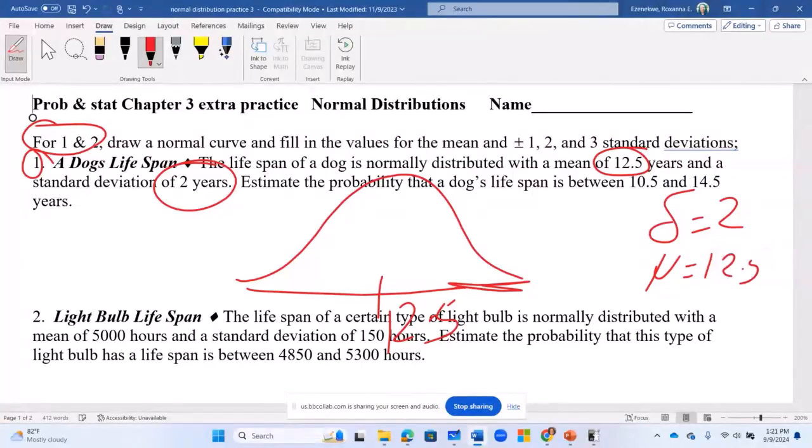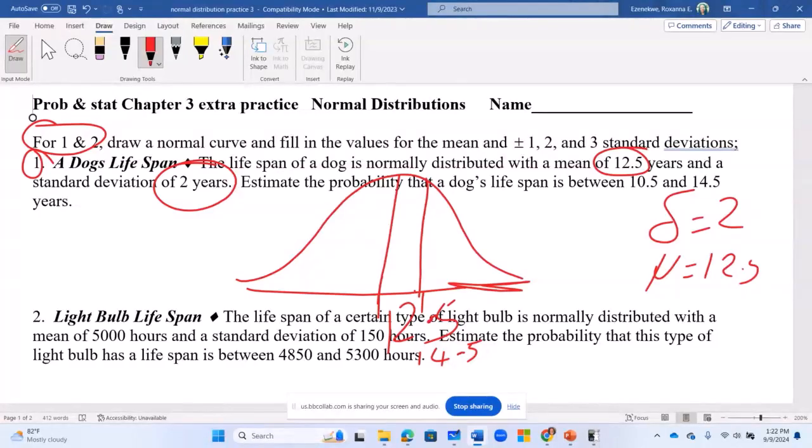All right. So, in other words, if a dog weighs 1 standard deviation above the mean, it is 12.5 plus 2, so it is 14.5.